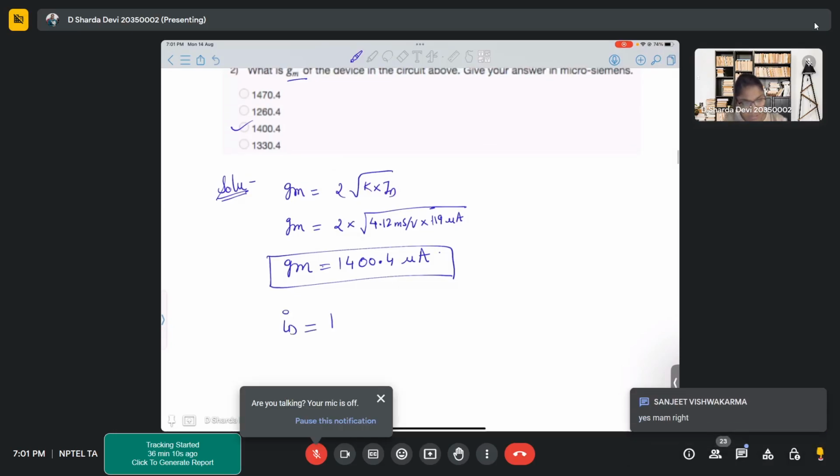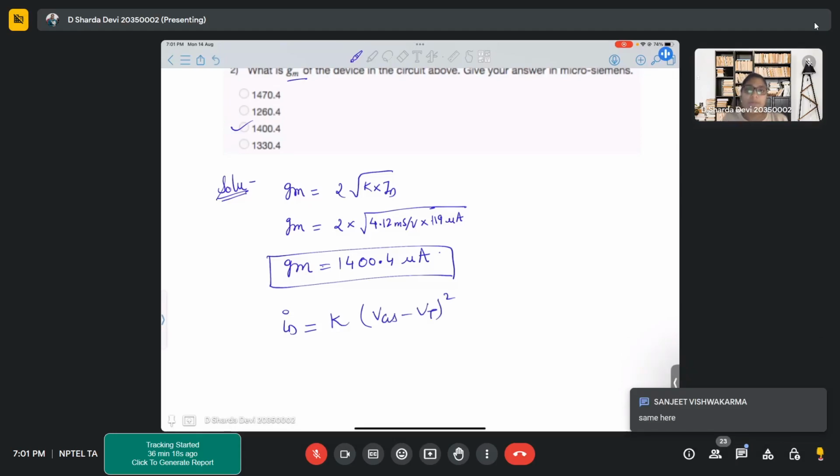Maybe because in this problem the k is different. Yeah, that might be the problem. It also depends on how you represent your expression for ID. Sometimes we say ID is k(VGS minus VT) whole square. Sometimes people say it is k by 2 (VGS minus VT) whole square.